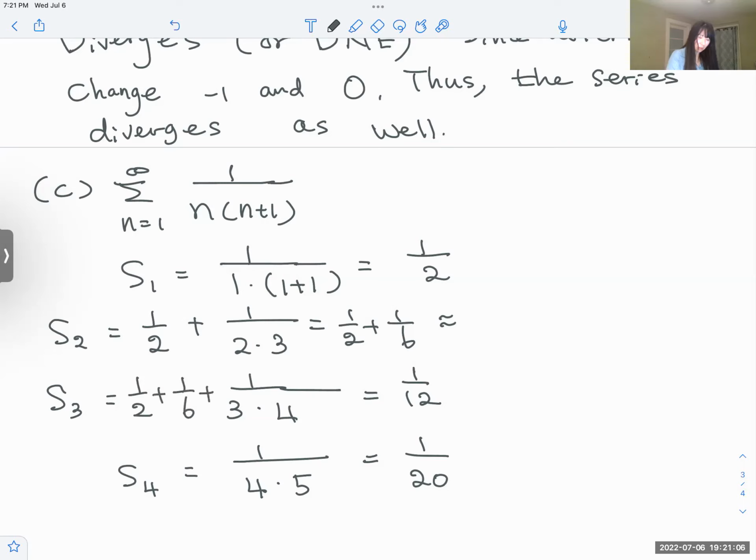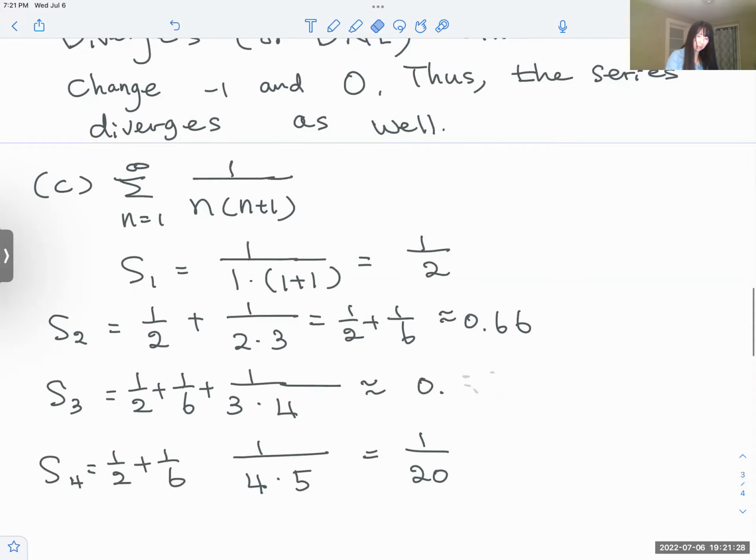Okay, 0.6. Now, can you please calculate? 0.75, and then 0.78. And this is 12. Okay, I fixed everything.